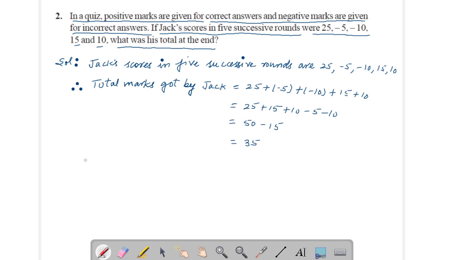Thus 35 marks are got by Jack in a quiz.